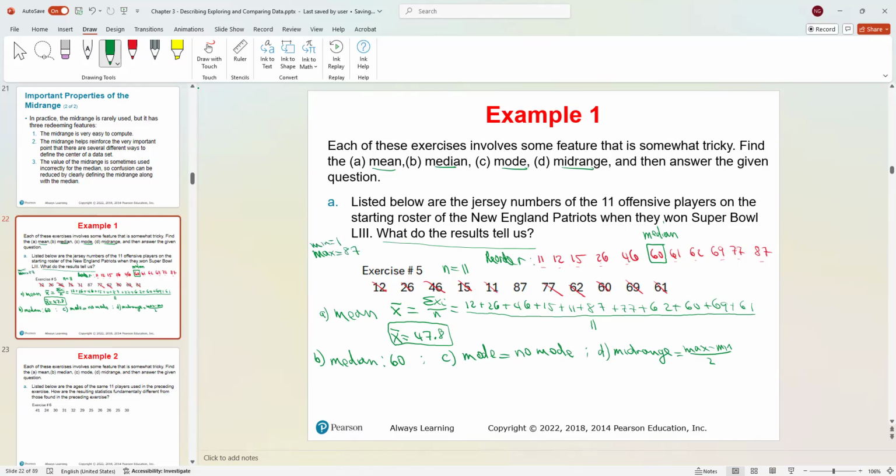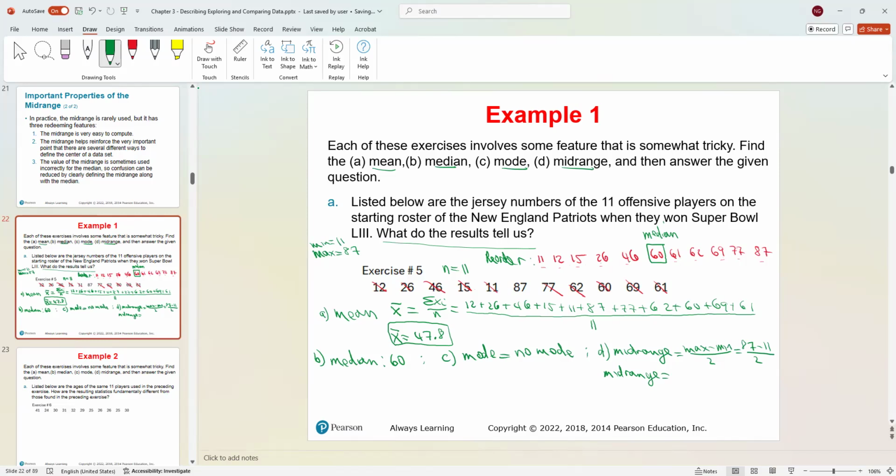Min is 11. So we have 87 minus 11 over 2. Okay, taking this mid-range, mid-range would be 87 minus 11 divided by 2.